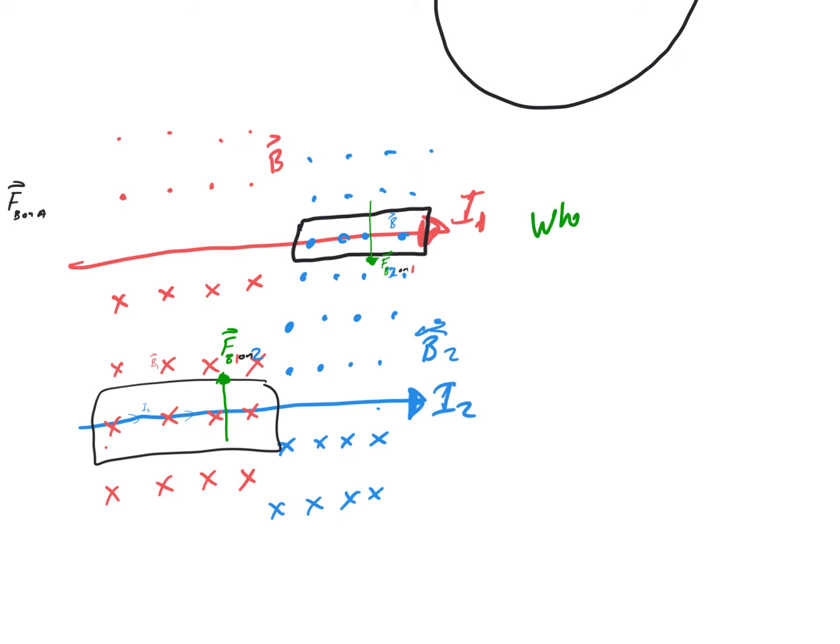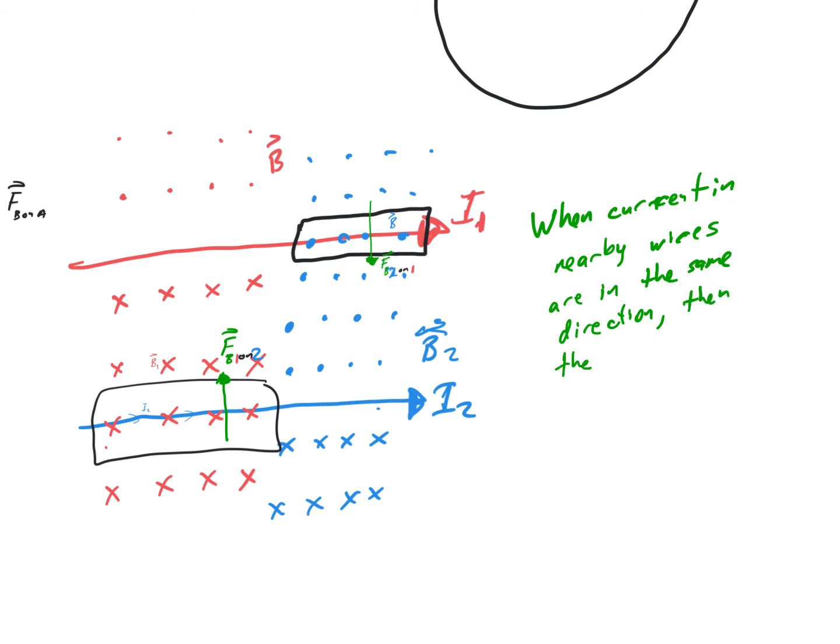When currents in nearby wires are in the same direction, then the wires attract.